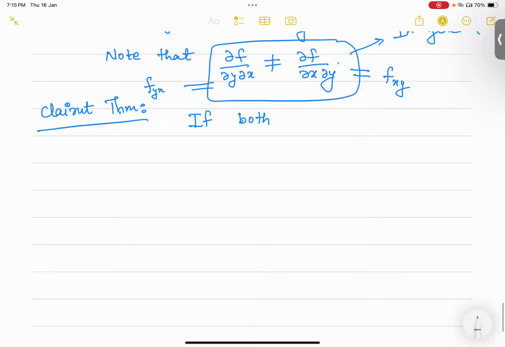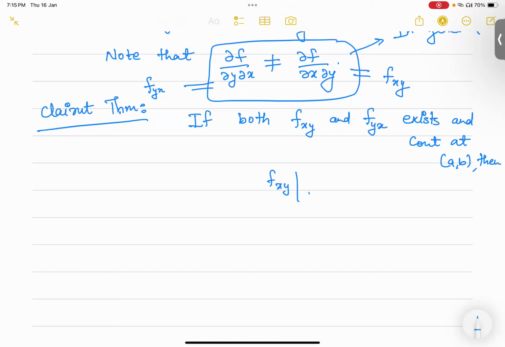Right. So if both f_xy and f_yx exist and are continuous at (a, b), then f_xy at point (a, b) will be equal to f_yx at point (a, b).